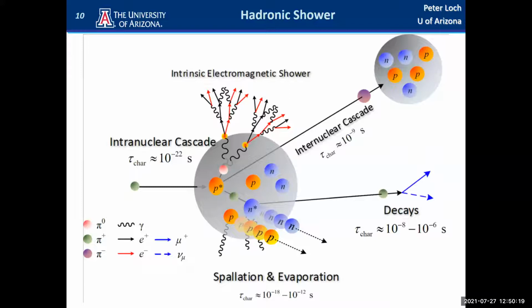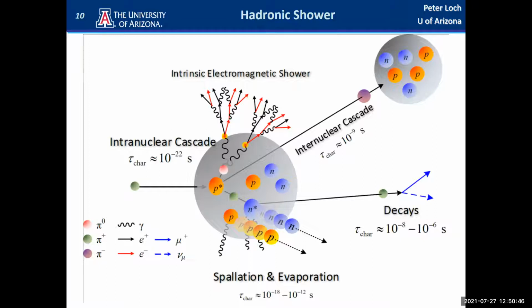And that's much more predictable than the hadronic showers, actually. So if a hadron enters a nucleus, it will probably collide with, if its energy is high enough, it will collide with a nucleon, and this nucleon will get excited, or there will be an internuclear cascade which emits other hadrons.